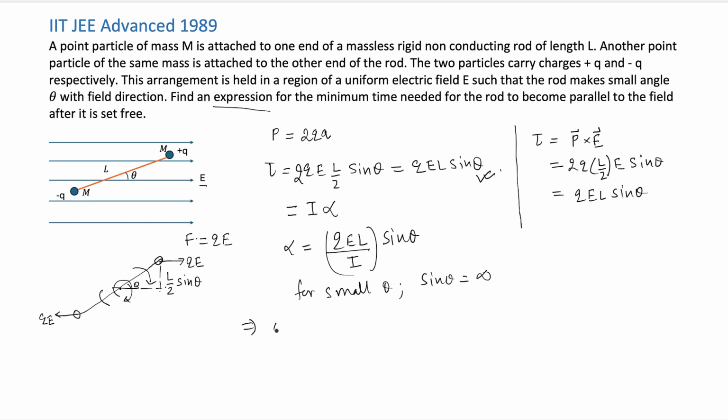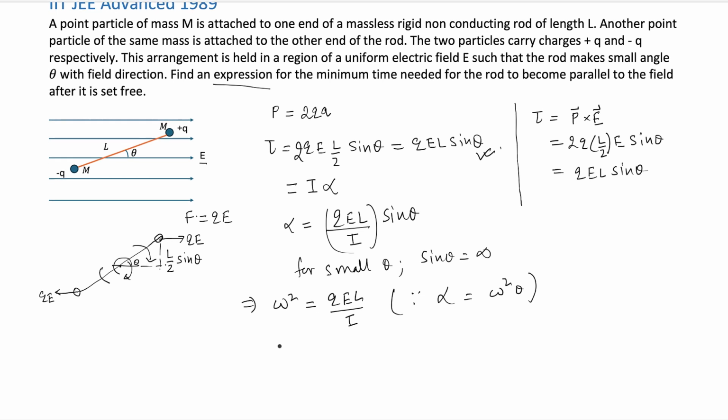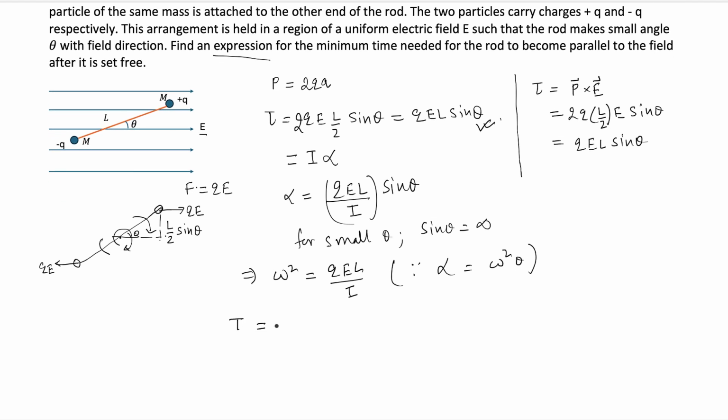Therefore, we get omega square as QEL by I, because alpha is omega square theta. Okay. Therefore, the time period will be 2 pi by omega, 2 pi root I by QEL.